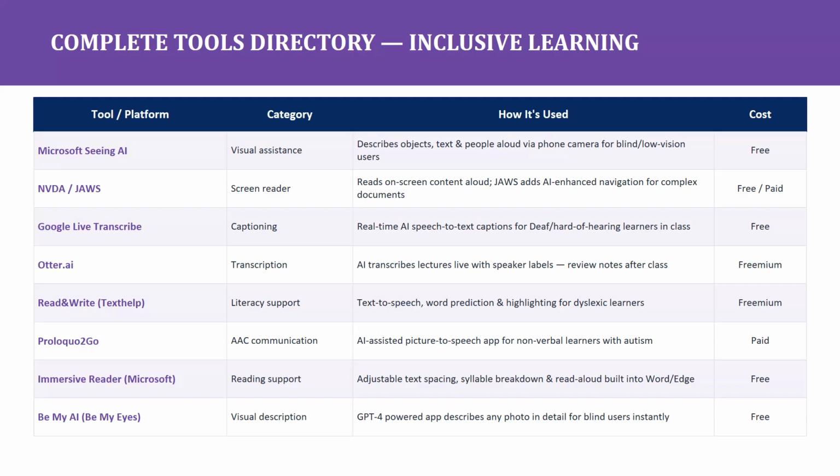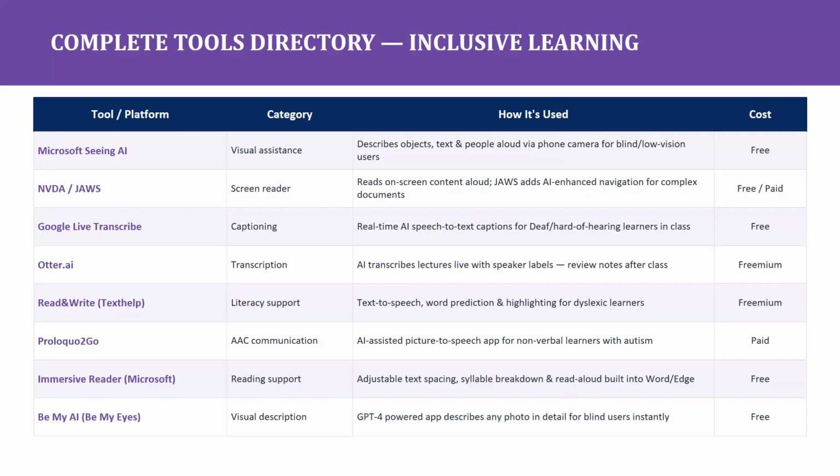Then we have Read&Write, the text help types, which are normally used in text to speech. They are also used for word prediction, and for highlighting for dyslexic learners.